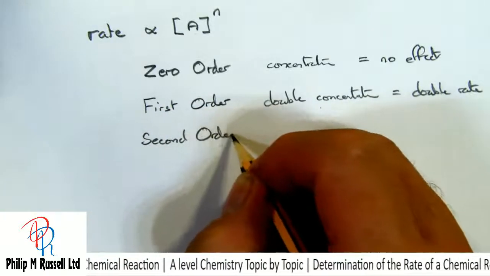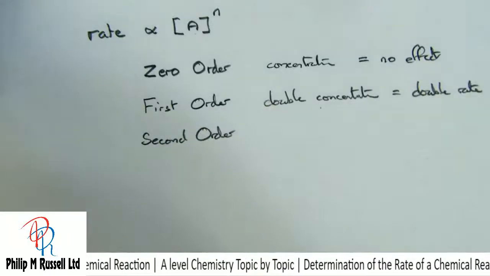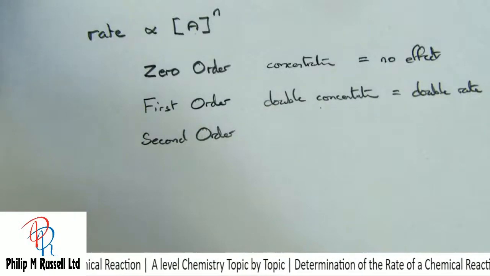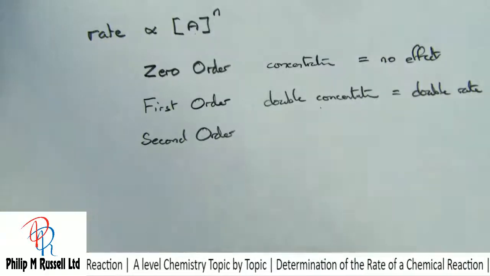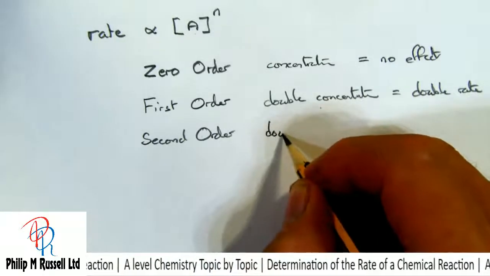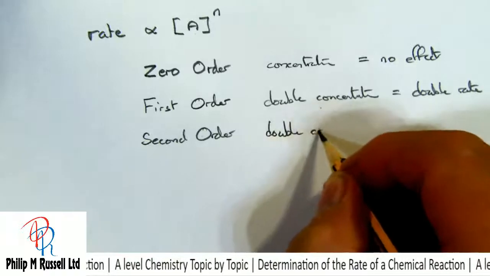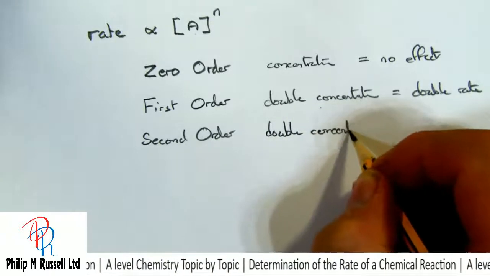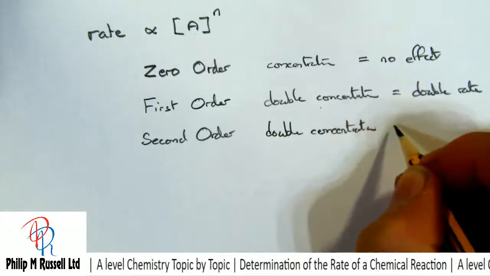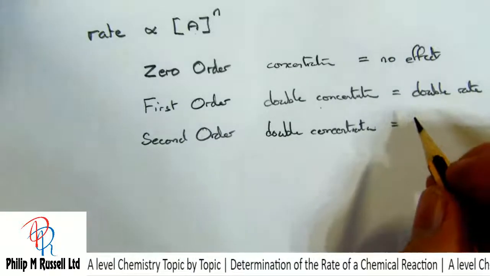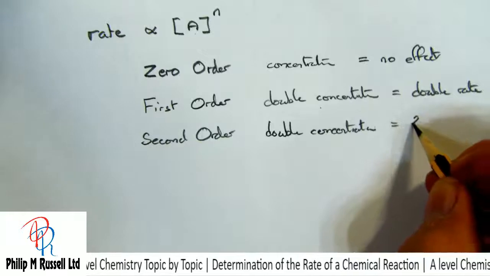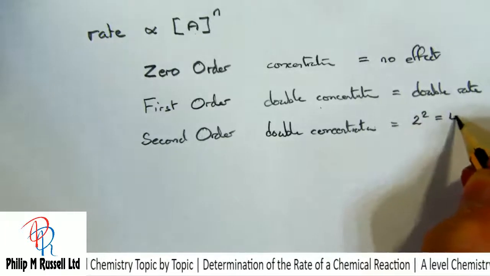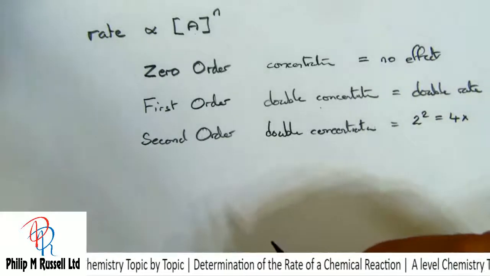And then we get a second order reaction. So in this way, if the concentration is doubled, then this will increase by a factor of 2 squared, or it'll be 4 times faster.